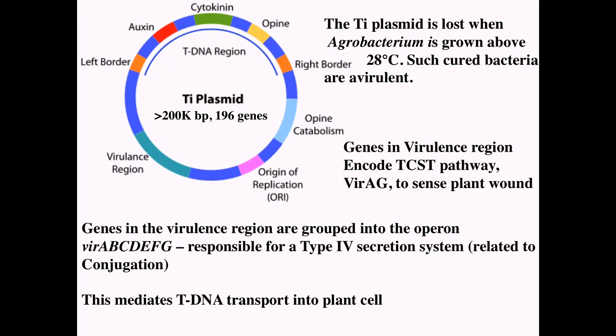But look at the genes that are encoded in this. Two of them, the cytokinin and the auxin, those are plant hormone genes. These are genes that, when they're produced, will produce hormones that cause plant cells to divide. That's basically the nature of a cancer cell right there, right? Uncontrolled cell division.